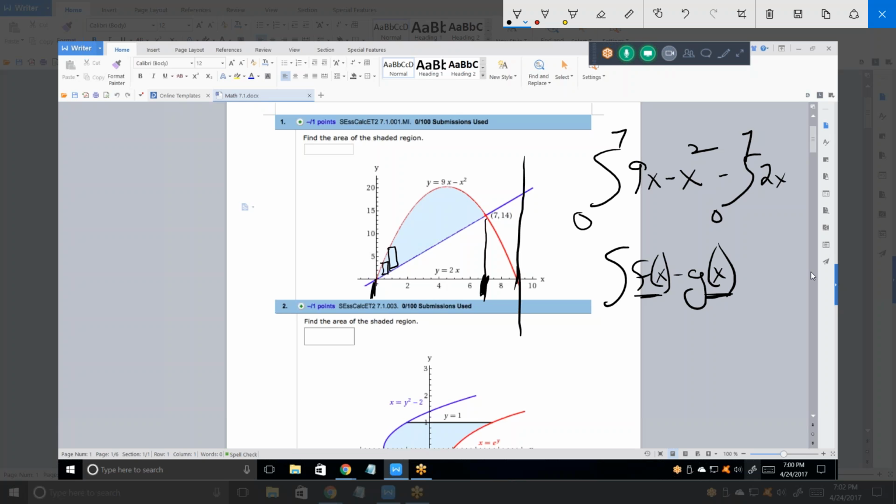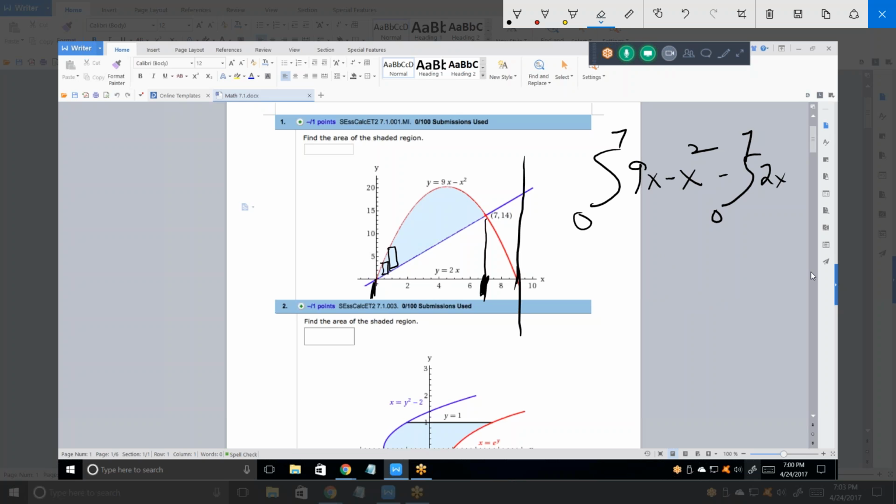So it's always the above function minus the below function.